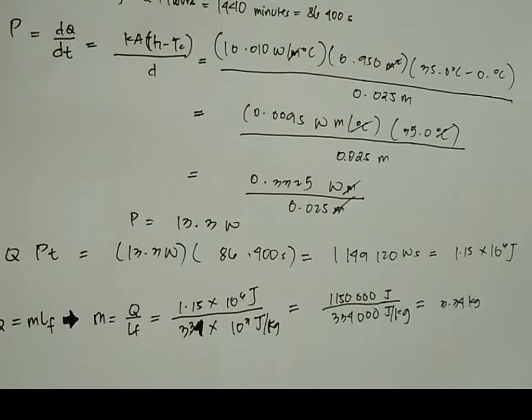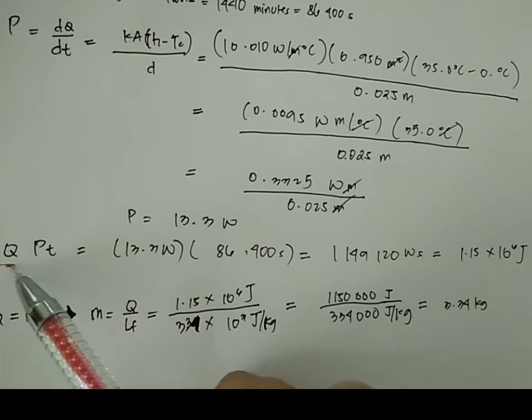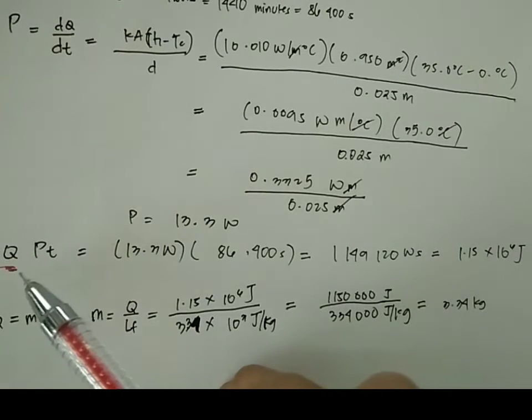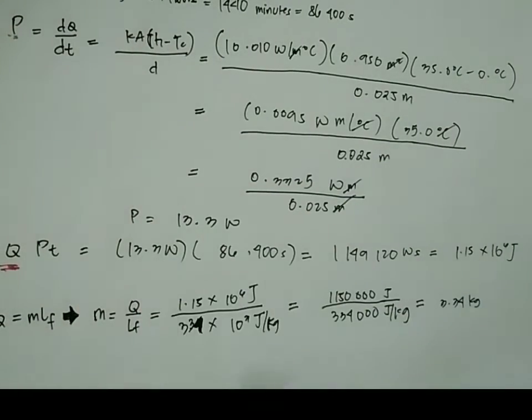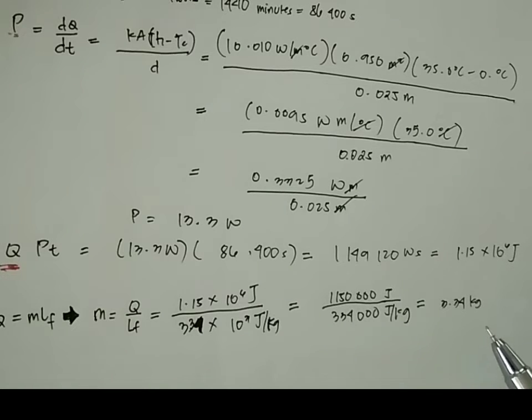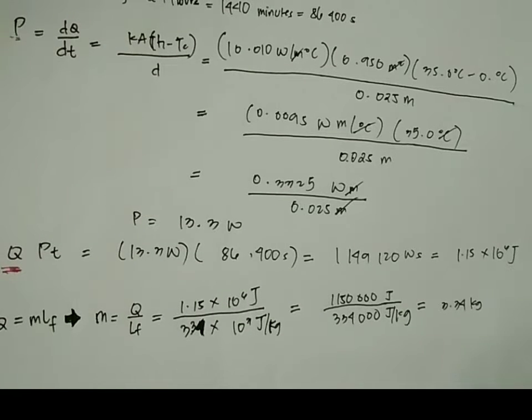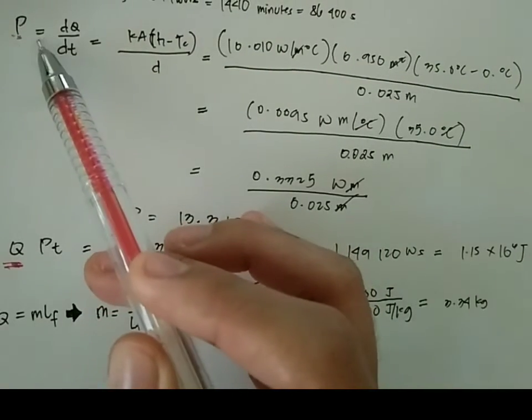But before we can solve the mass of the ice, we will first find the value of the net heat transferred, which we can get if we have the value of the P, or the rate of conductive heat transfer.